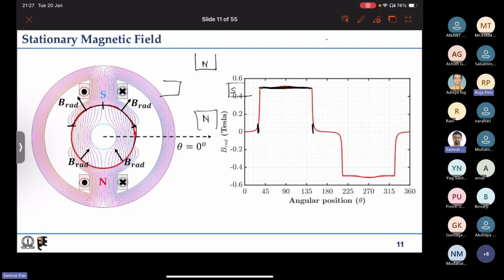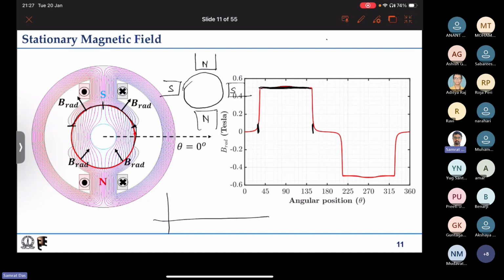This is a north pole, this is a south pole, this is a north pole, this is a south pole. Then, with the same kind of rotor, we would not have a perfect square wave, but it would look like this.